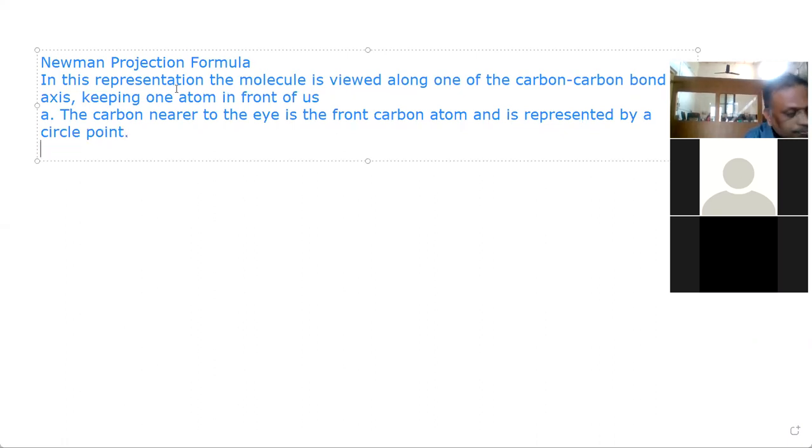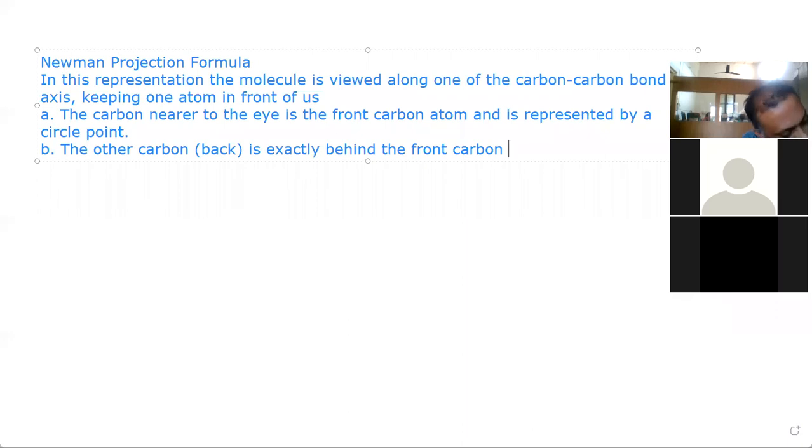The other carbon, the back carbon, is exactly behind the front carbon and is represented by a circle.